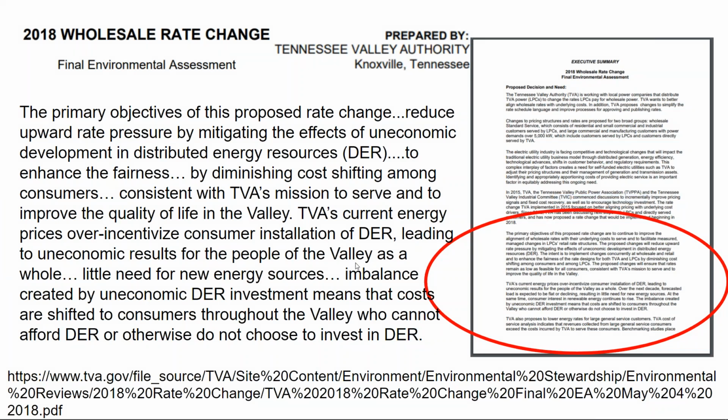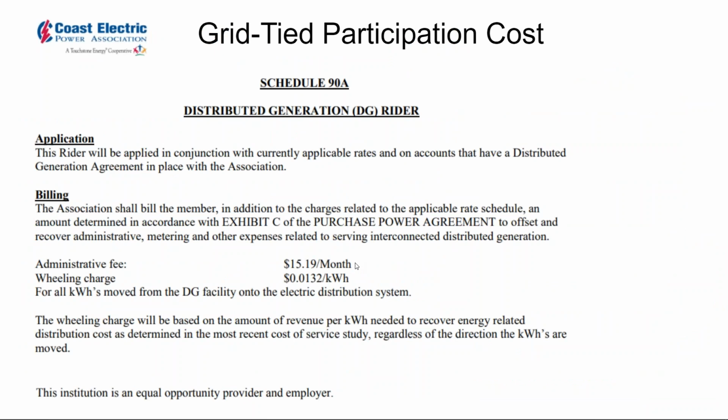So the reason why this is on the slide is just to show you, in fact, while renewable energy is expanding throughout the United States, the solar policies are increasing the costs of grid participation onto the customer, and that trend is spreading.